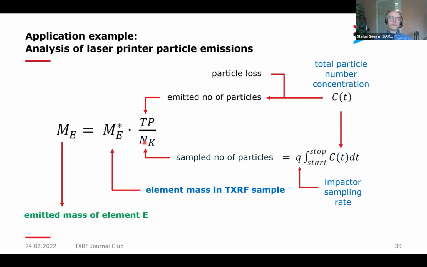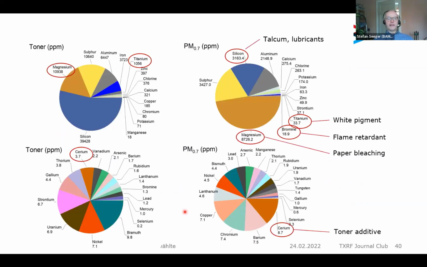If we combine this information with the detected element mass in a TXRF sample, we may end up with the mass of an emitted element. And that was our goal.